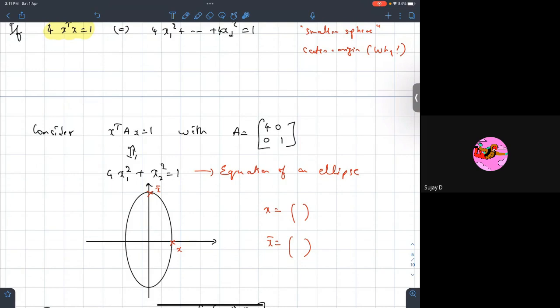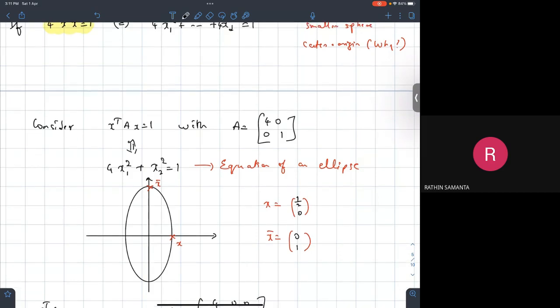What are the coordinates of x in 2D, the points I have marked there? 1 by 2 comma 0, and 0 comma 1. Yeah, that's okay.